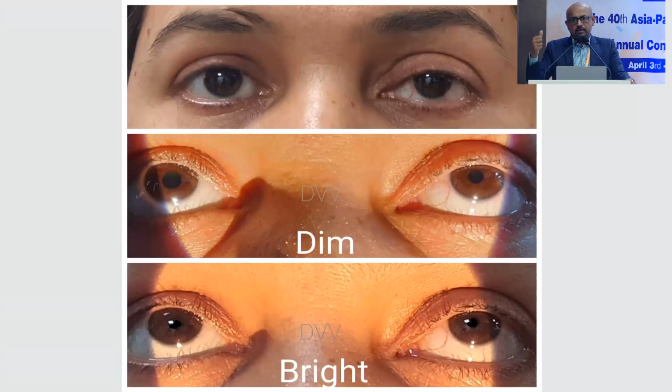In dim light, one pupil, the affected pupil, did not dilate, the normal pupil dilated, and that's why the anisocoria increased. Conversely, if the anisocoria increased in bright light, pupils are supposed to constrict. So the abnormal pupil did not constrict, which is a parasympathetic problem, so you know that you're dealing with a parasympathetic system problem. So yeah, a patient with a mild ptosis with a smaller pupil on the same side, you're dealing with left Horner syndrome. What next?